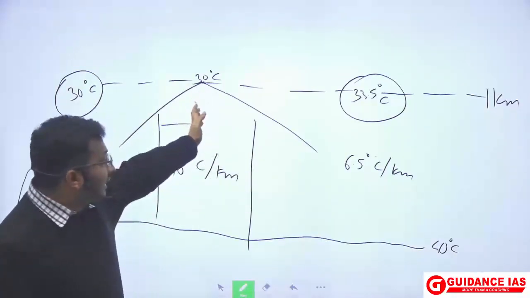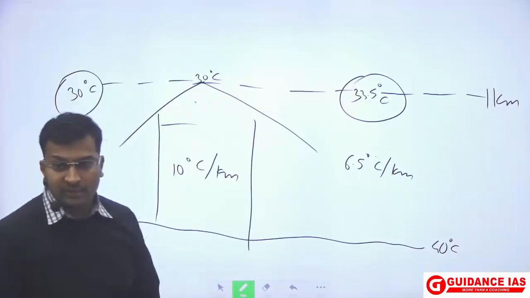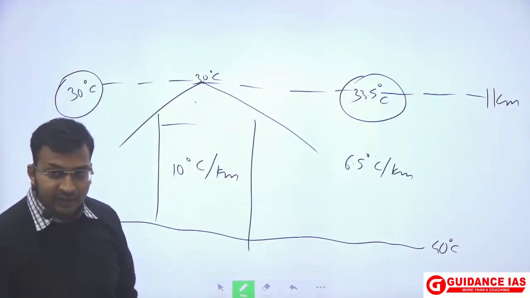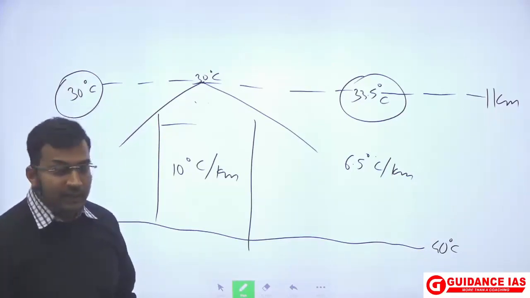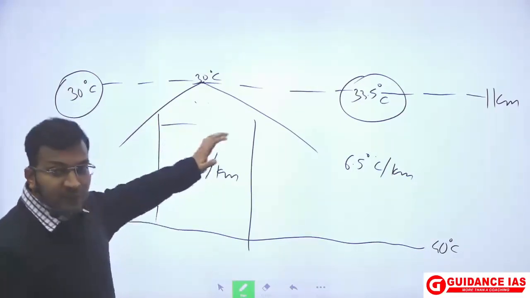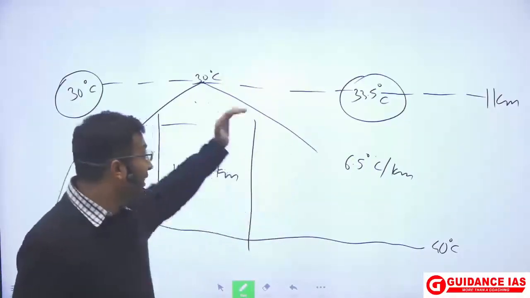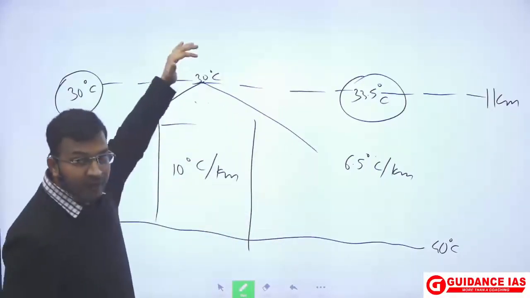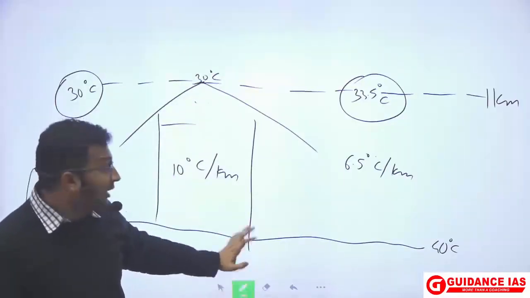Since the dry adiabatic lapse rate of the rising air mass is higher than the normal lapse rate of the surrounding environment, the air mass, after reaching a particular height, becomes stable. It is not able to move higher, nor will it immediately subside. Okay, try to understand this.